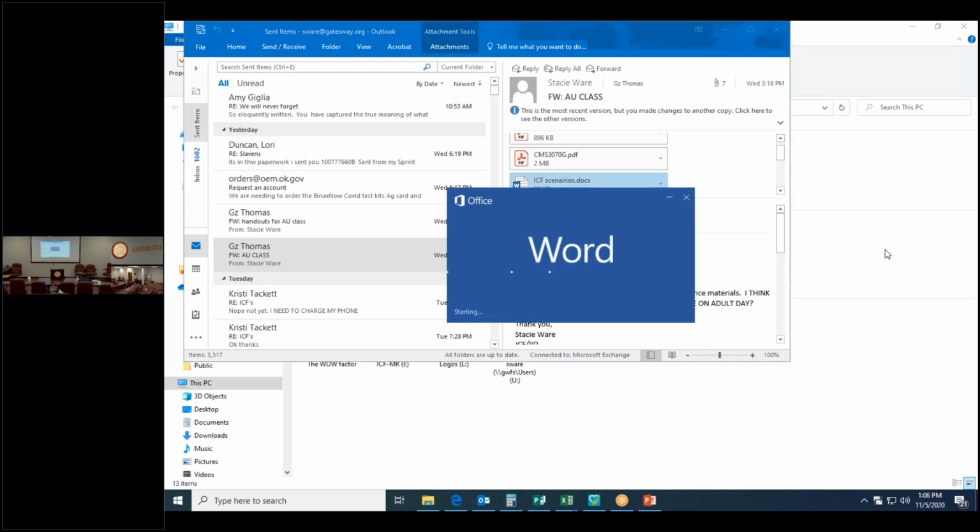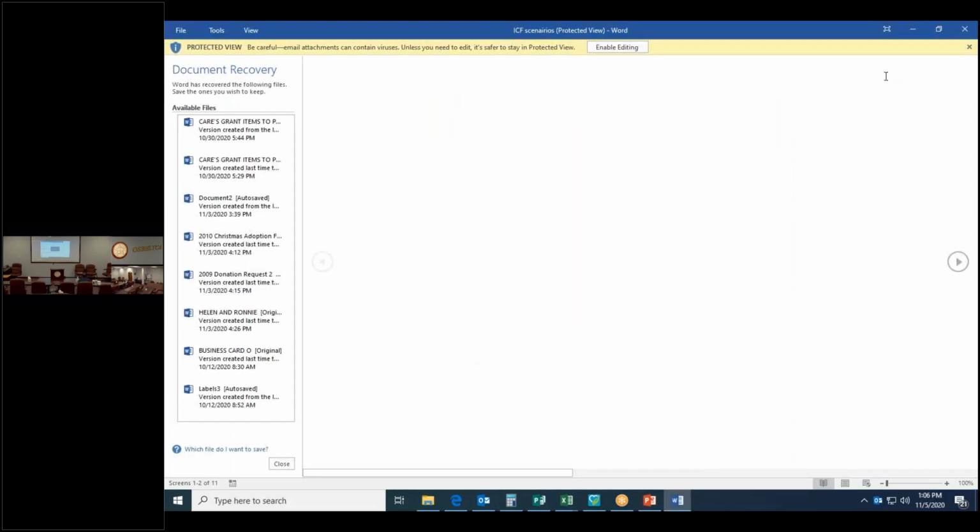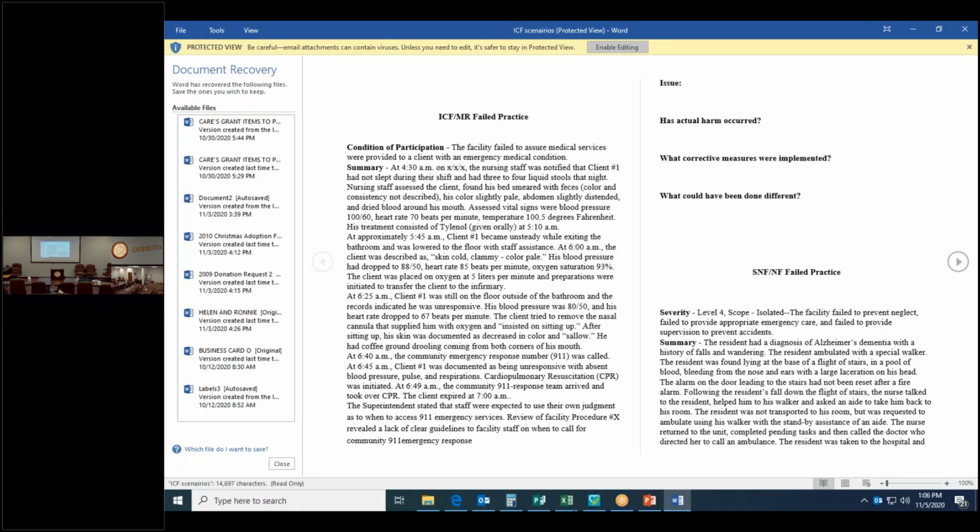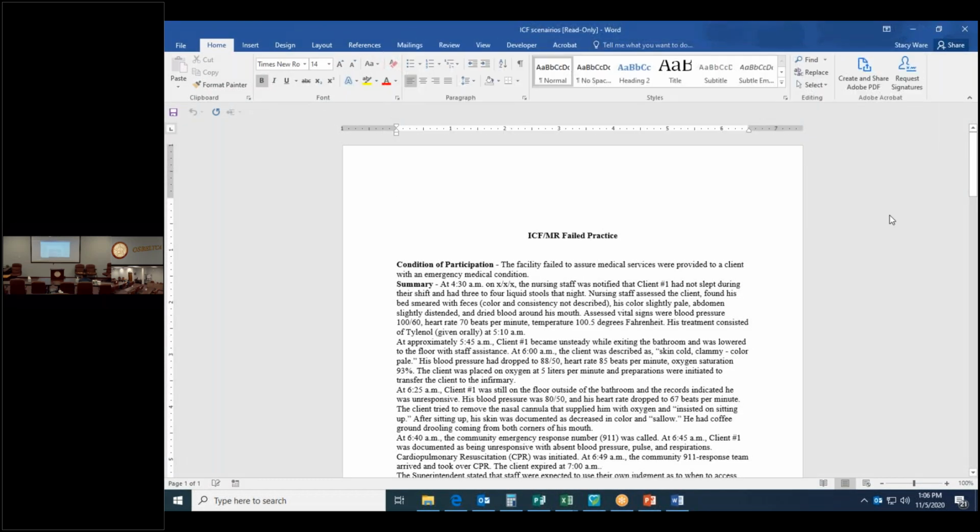Okay, so now we're at the ICF. Can everybody see that? Okay, so this is the ICF malpractice scenario.